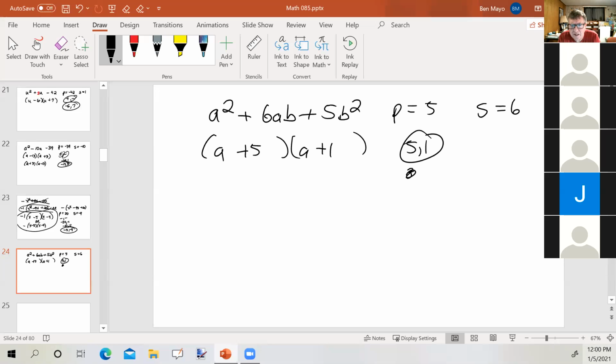What is it that makes honey? B. The bees. That's what we've forgotten. So those bees have to be separated as well so that we get 6ab in the middle.